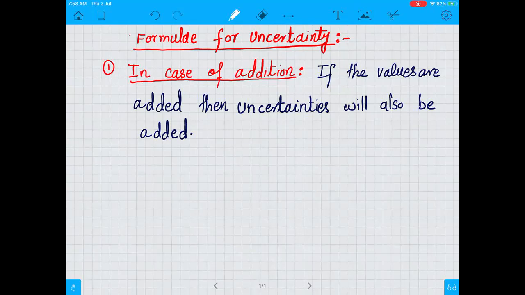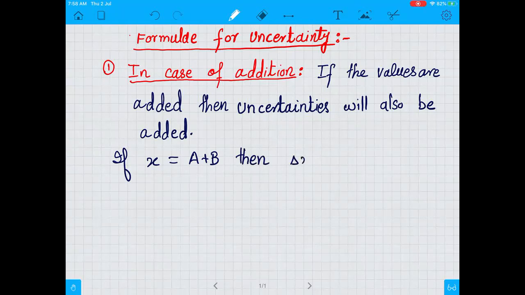Let's suppose, just for example, you want to calculate a quantity x, which is the sum of two quantities a and b.